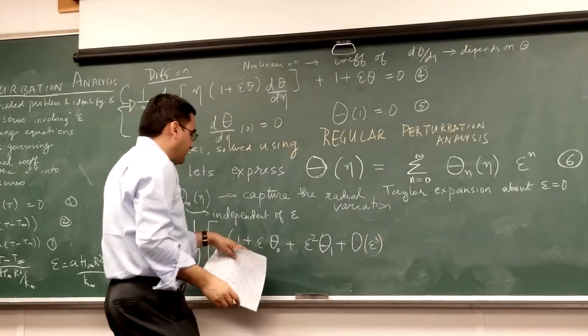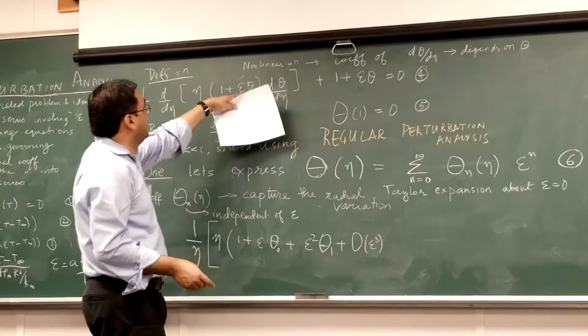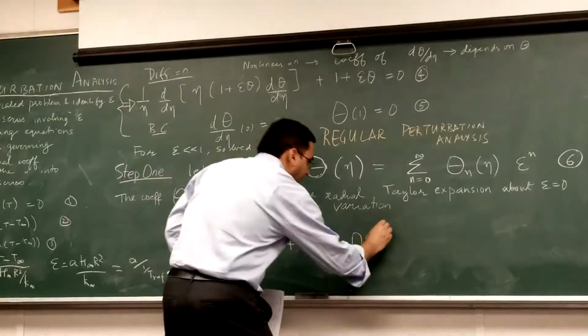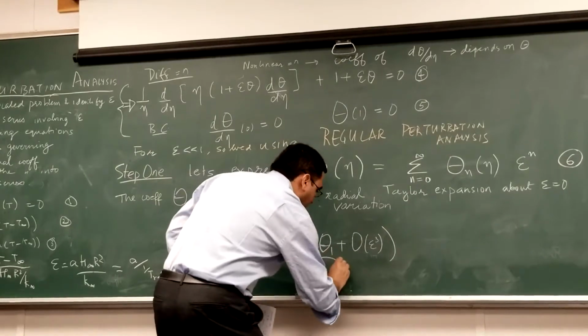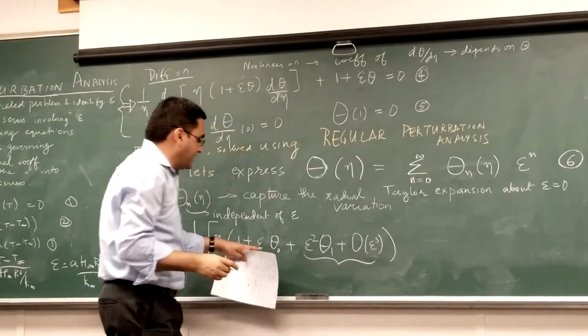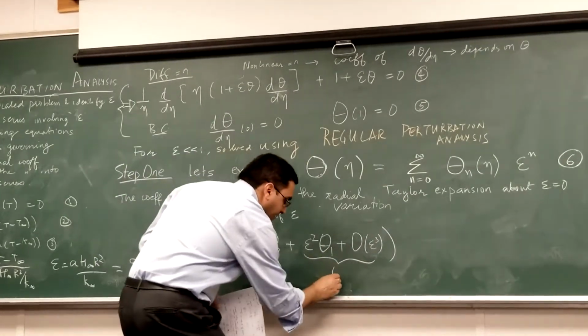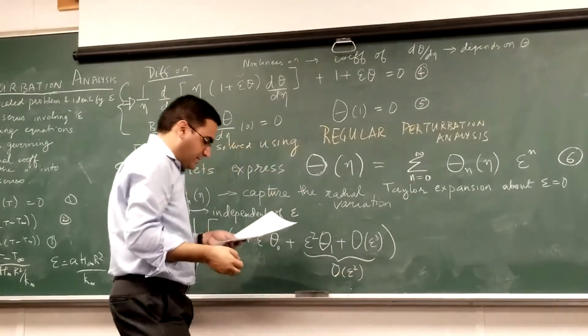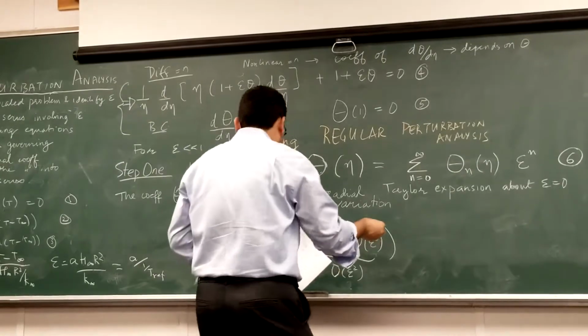In fact, because there was an epsilon outside, even the theta 1 term has become order 2. So if I just wanted to get the first correction, I will combine them and say these are order epsilon squared. I'll say a few things about that in a second.